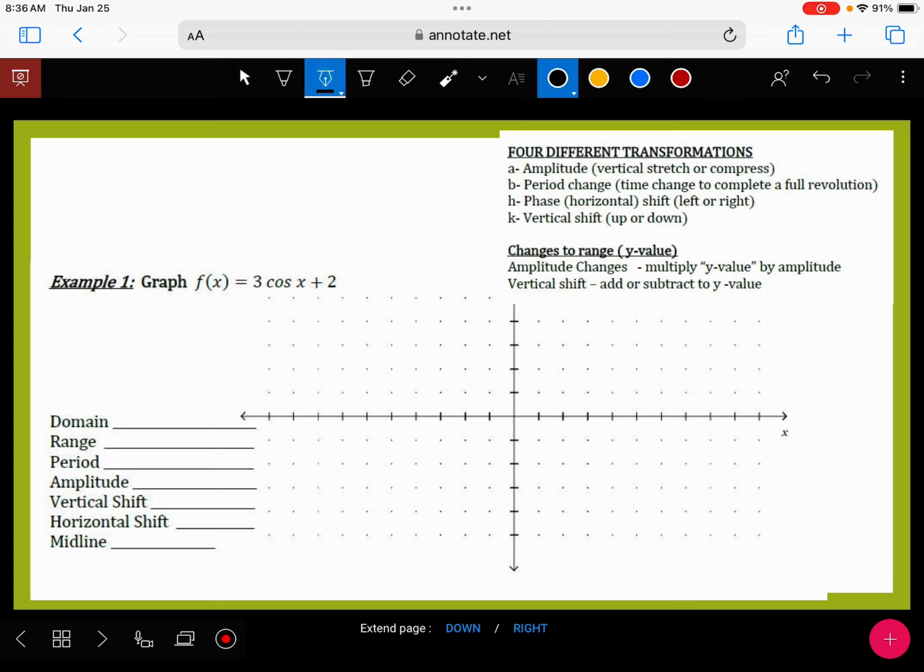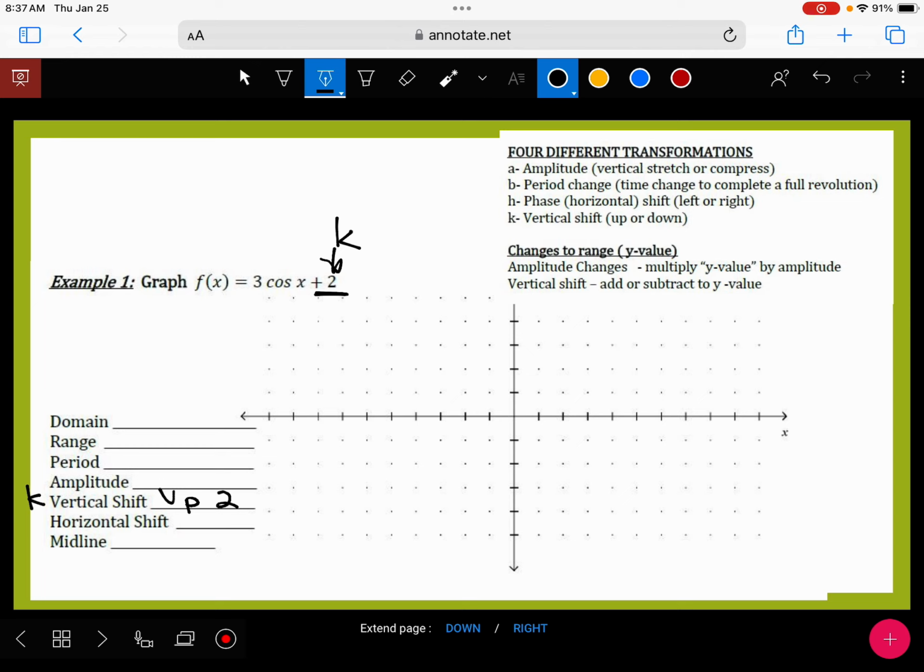And as you can see, anything that gets added on right there, that's going to be your K value, or the vertical shift. So that +2 tells us that this cosine graph is going to get shifted up by 2 units. So I'm going to just go ahead and write it in, that vertical shift. We're going to go up 2. And that's what that K value tells us.